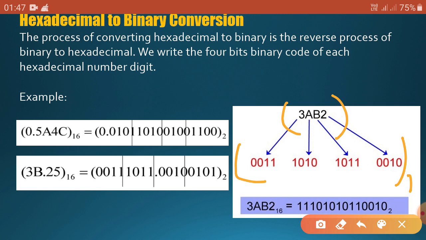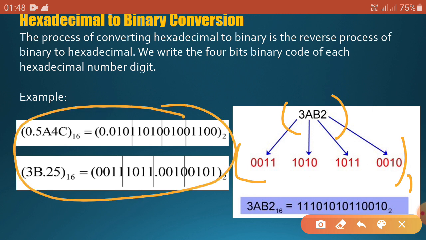Whenever it is in hexadecimal, we convert each digit into binary.